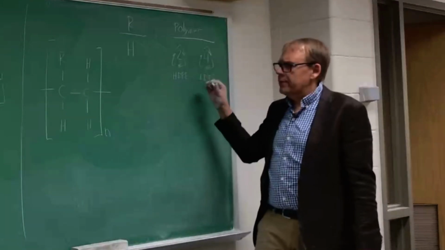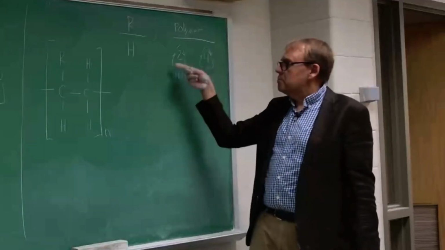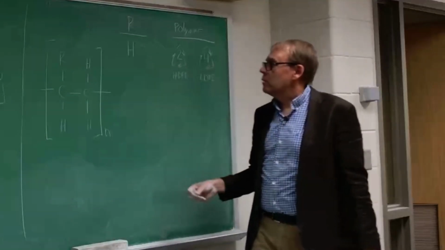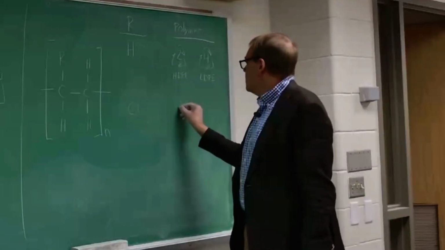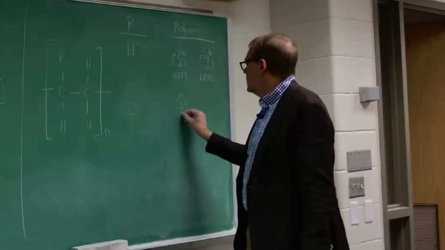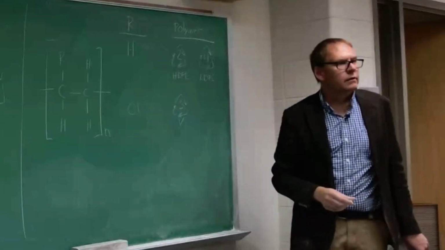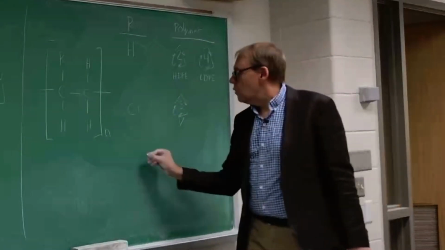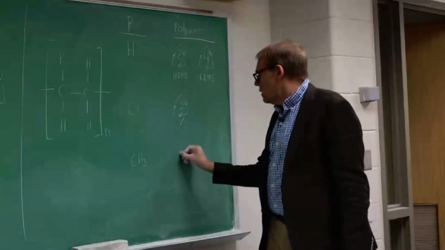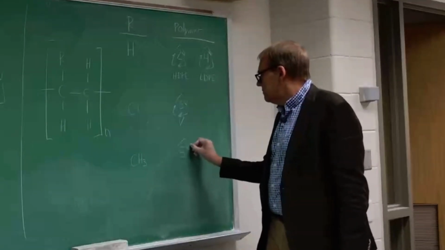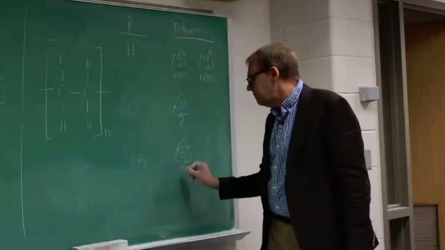Low density polyethylene has some branching, but when the R is H, it belongs to these two families. When the R is equal to Cl, the polymer is V, that's polyvinyl chloride, PVC. When it is methyl, the recycling symbol is 5, and it has a PP below it for polypropylene.